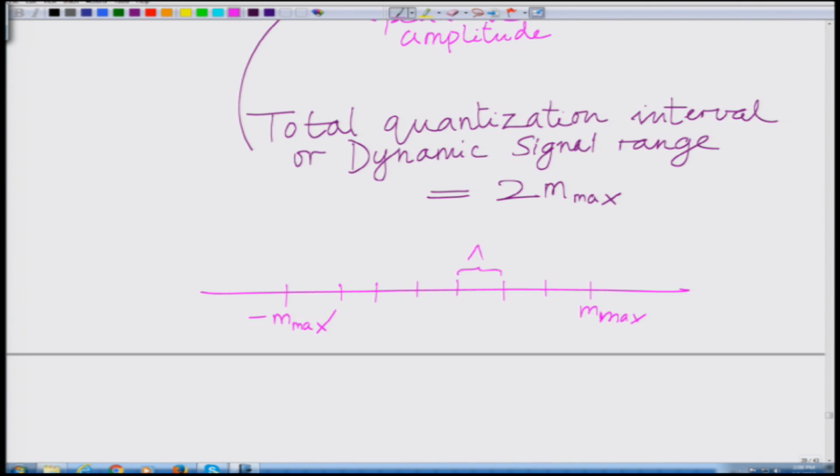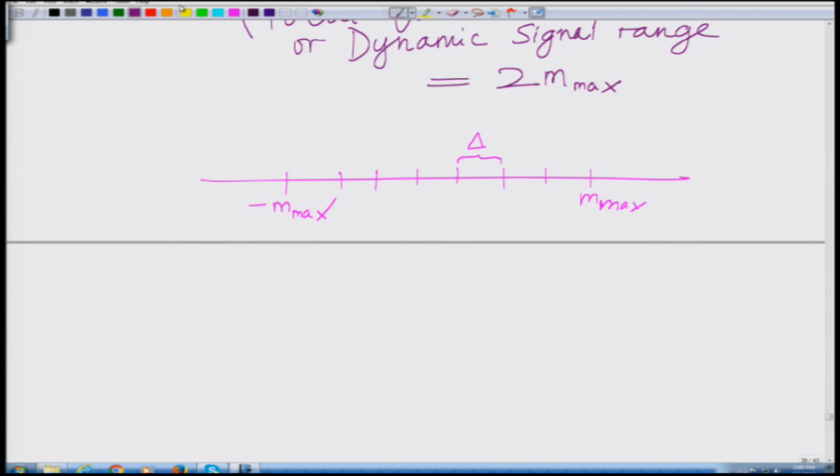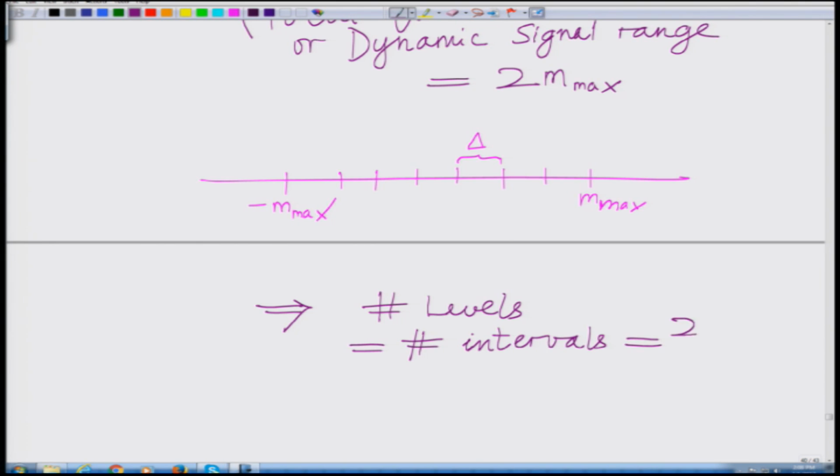This is your step size. So, naturally, this implies that the number of quantization levels equals the number of intervals equals 2m max divided by delta.